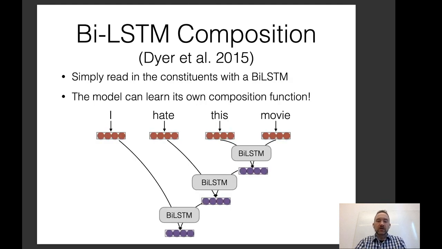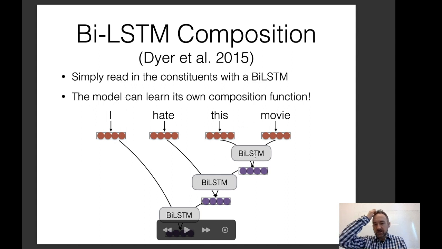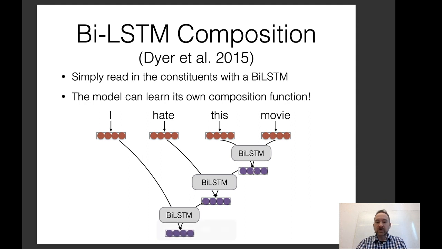Another way you can do composition is, let's say you have several different children. You can run each of the children through a bidirectional LSTM and use the outputs of the bidirectional LSTM to generate the representations for each phrase. There are also methods that use attention in follow-up papers.